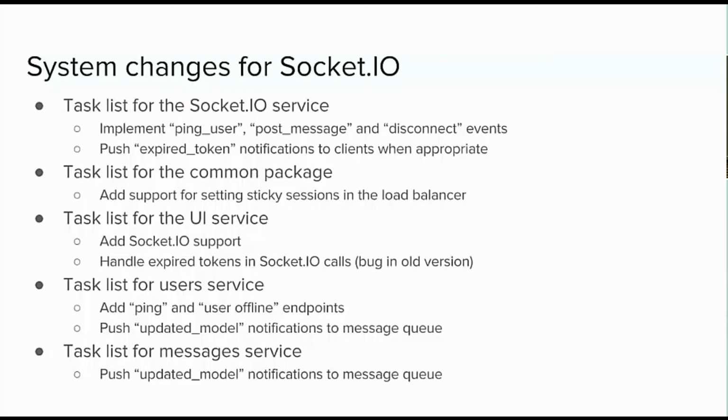We're doing it in 2 steps because we want to show the message immediately, and then when we have the remaining information, we expand it. So when that happens, once again, it needs to put a message in the message queue. And then the UI needs to know that now it needs to connect via Socket.io versus REST, which it did before. So we need to make all those changes.